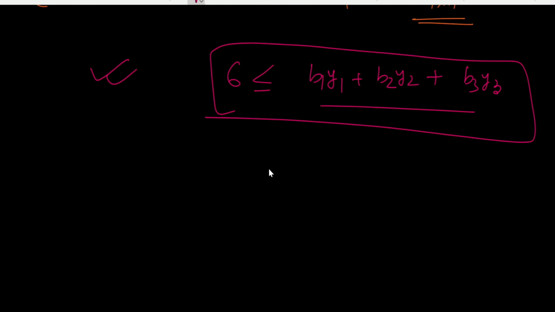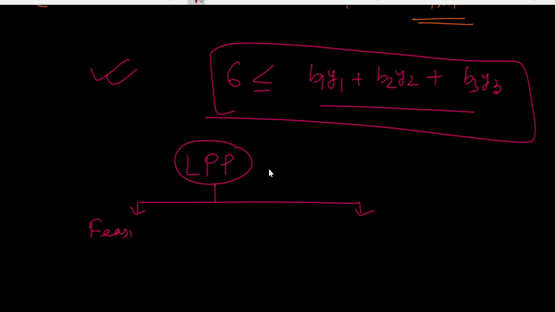The concept is that for an LPP, there are two types of solution: one is feasible solution and another is infeasible solution.